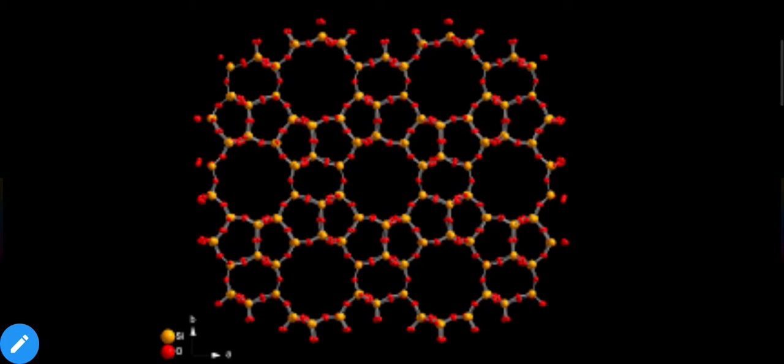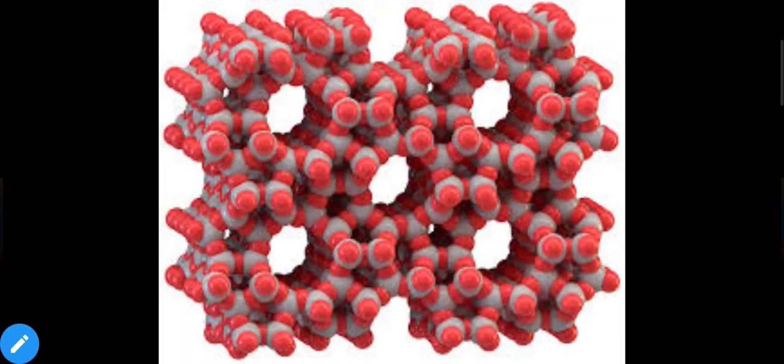Here are a few microscopic representations of zeolites. As we can see in this image, you will see different pore sizes or holes present in a single layer of zeolite. This is a single layer, and actually it will be something like this: multiple layers of these plates are placed on top of each other, and you get this three-dimensional structure.